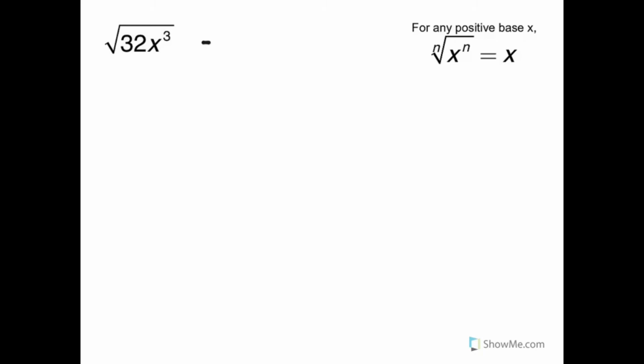This expression is the square root of 32x to the 3rd power, and I want to simplify it. So 32 is 2 to the 5th, and x cubed is 3 copies of x. Since it's a square root, I'm looking for pairs, 2 of the same factor.